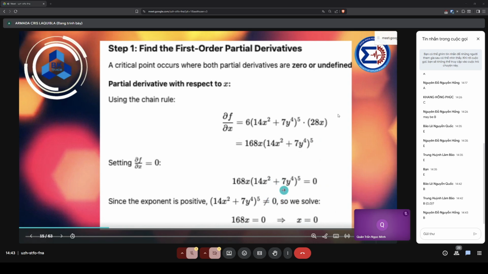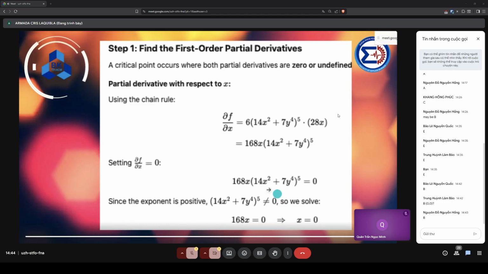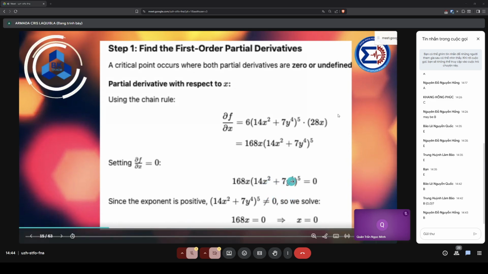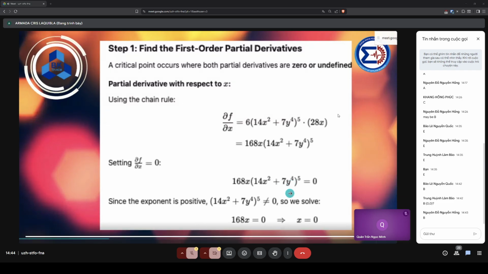Now the number here, we have here, since the exponent is positive, that's positive 5 there. And the number inside, class, is always positive. So this will never be 0. You have there x squared. So if your x there is negative, you raise it to square, it's a positive number. Then plus 7, and then you have there y. So if this number here is negative, you raise it to the 4, it becomes positive.